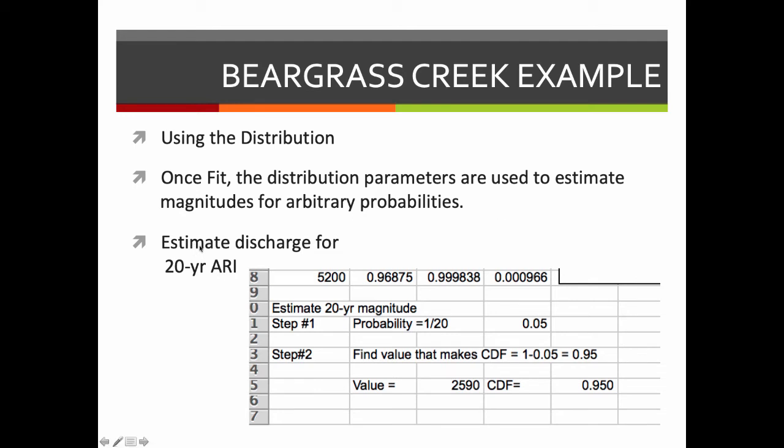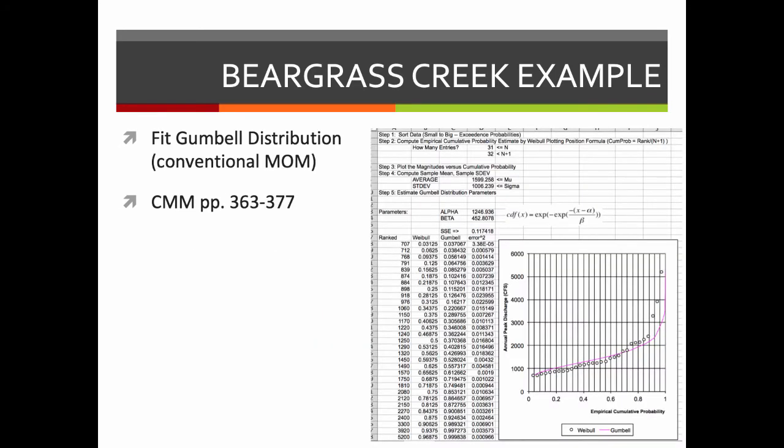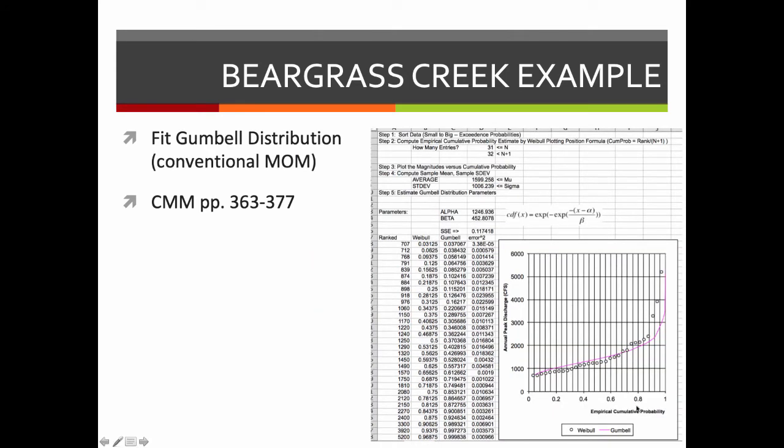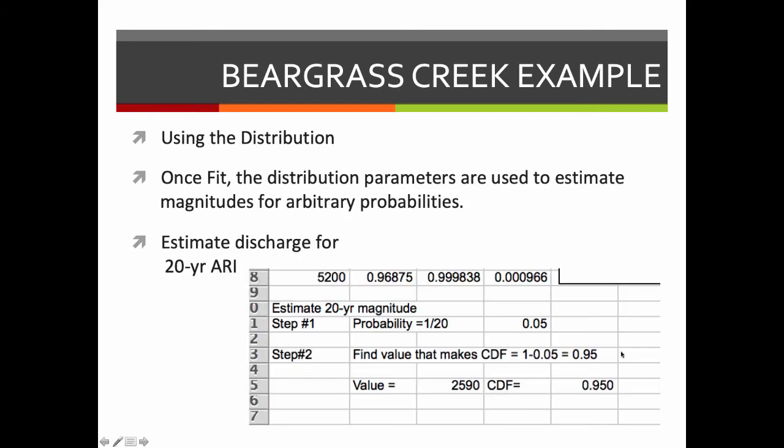So, for example, if we want to estimate the 20-year annual recurrence interval, 20 years is 5%. So it's about right there. 20 years should be about 1,800.